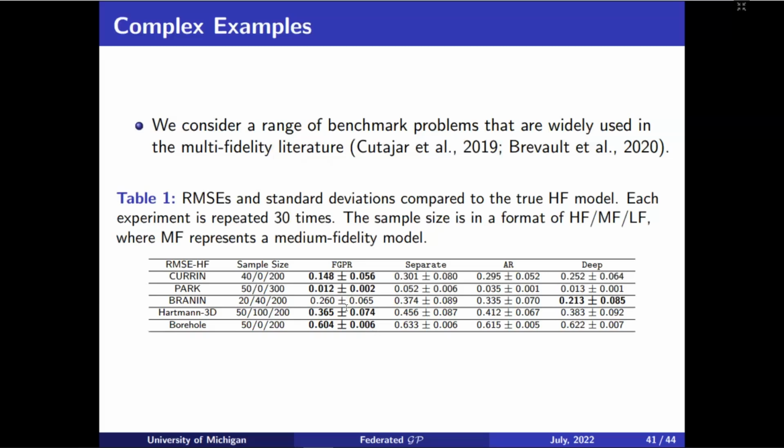As you can see, despite the benchmark models using data across multiple fidelities, they still yield inferior performance to our FGPR framework. This further demonstrates the advantage of FGPR in multi-fidelity modeling, and we argue that FGPR can be a potential candidate for multi-fidelity modeling approaches.